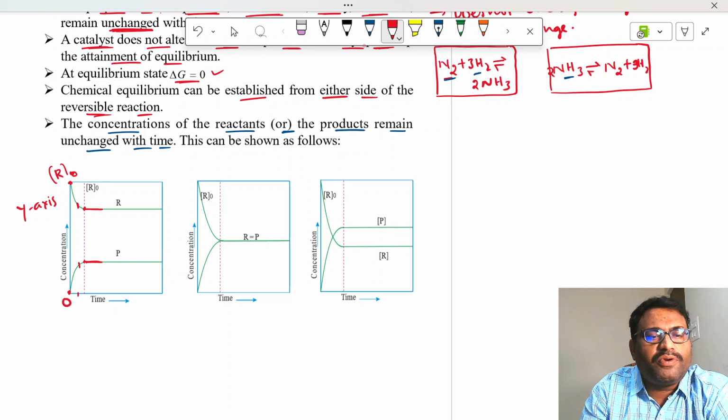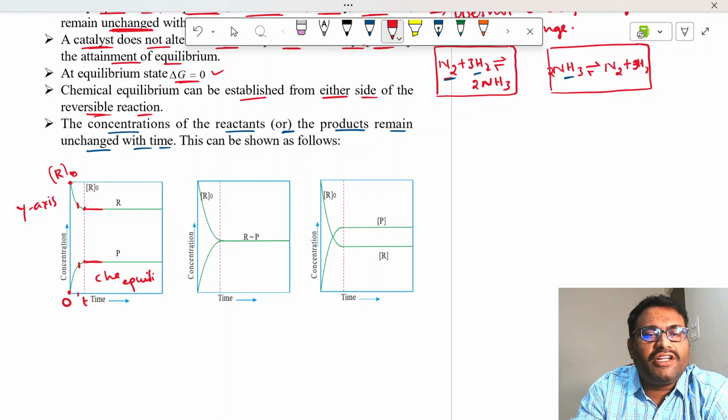As the time proceeds, product concentration increases. So after this particular time, reactant concentration and product concentration are remaining constant. So this shows that it has obtained chemical equilibrium. Here also you can see there is one chance, as I said before, where reactant concentration and product concentration are equal. Here they are equal, and they are also constant.